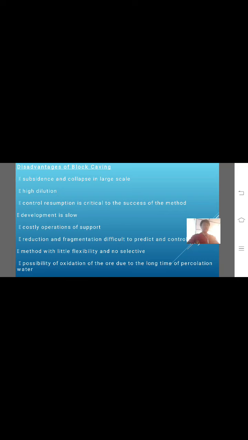The development is very slow, it takes time to develop, and thus costly support operations are required. The fragmentation is difficult to predict and control. The method is not very flexible and not selective. There is a possibility of oxidation of the ore due to long-time percolation of water.